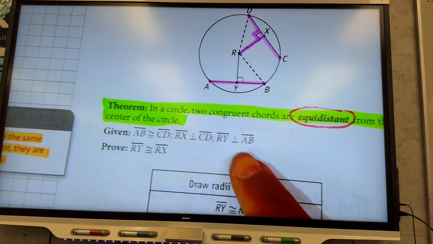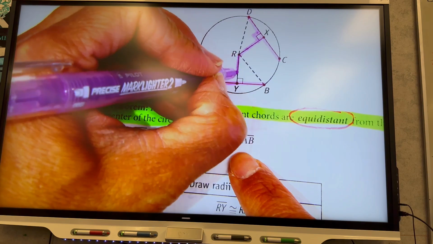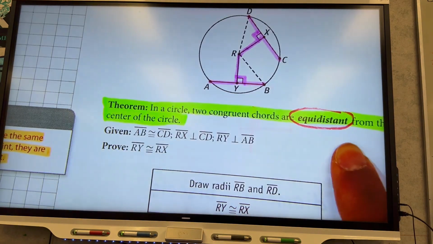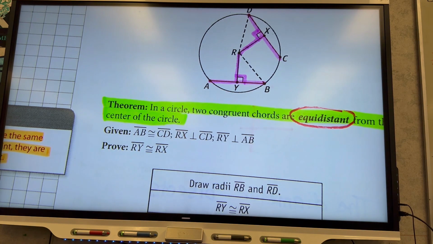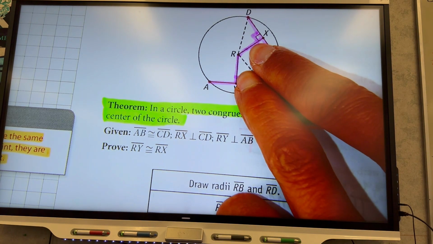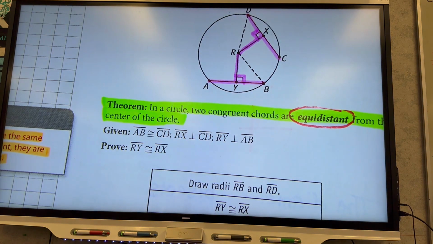And then RY is also perpendicular, but to chord AB. They want us to prove that RX and RY are congruent, that these chords are equidistant from the center of the circle. What ends up happening, of course, is it gets proven to be true.